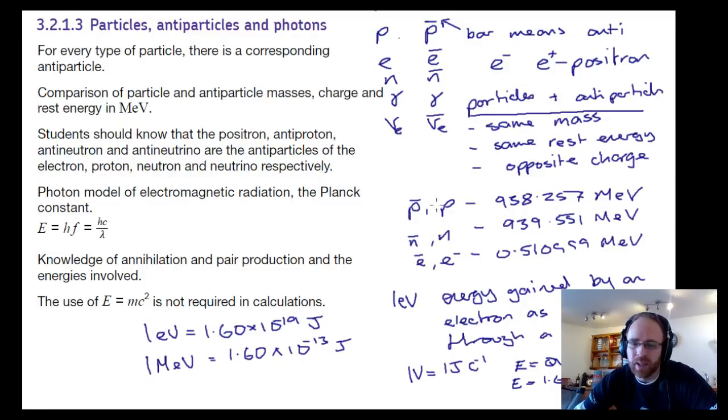So the particle and the antiparticle have the same rest energy. We talked about the masses earlier. So the mass of an antiproton is going to be 1.673 times 10 to the power minus 27 kilograms, and an antineutron is 1.675 times 10 to the minus 27 kilograms, and our electron is 9.11 times 10 to the minus 31 kilograms, and the same for the positron.